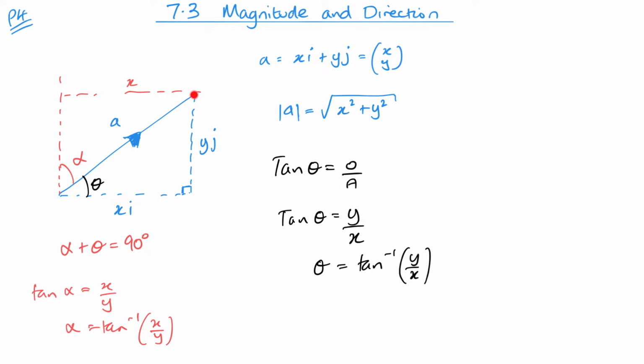So if this length was 10, I would divide vector A by 10 to get it as a unit 1. If this vector length was 25, I would divide by 25 and then it would be of unit 1. Hopefully it'll make a little bit more sense when I go through a couple of examples in a moment.